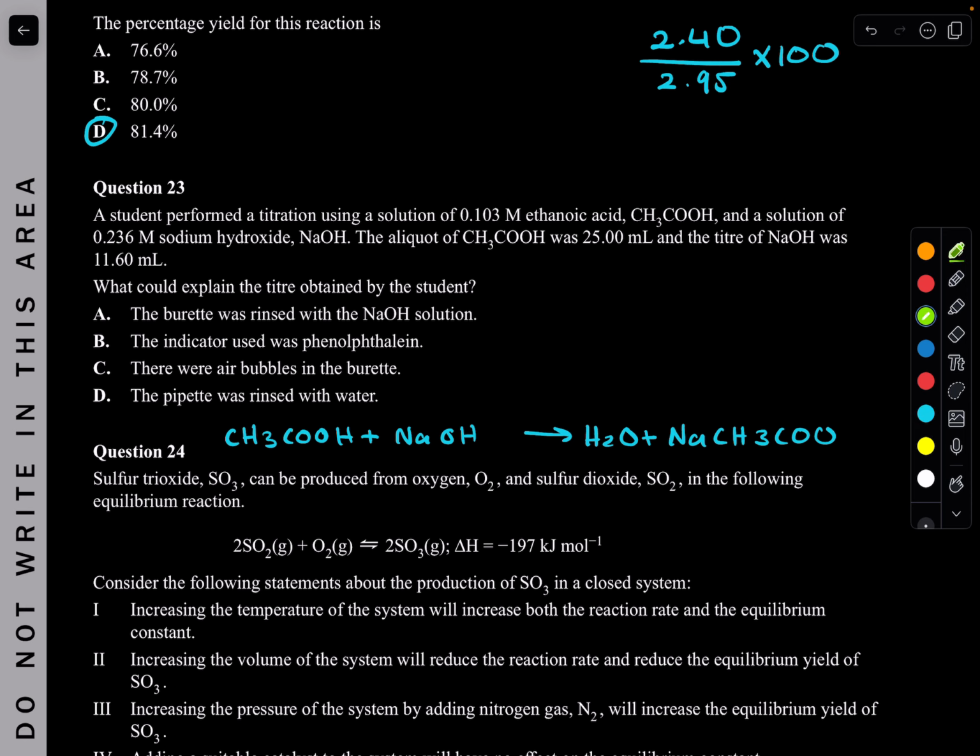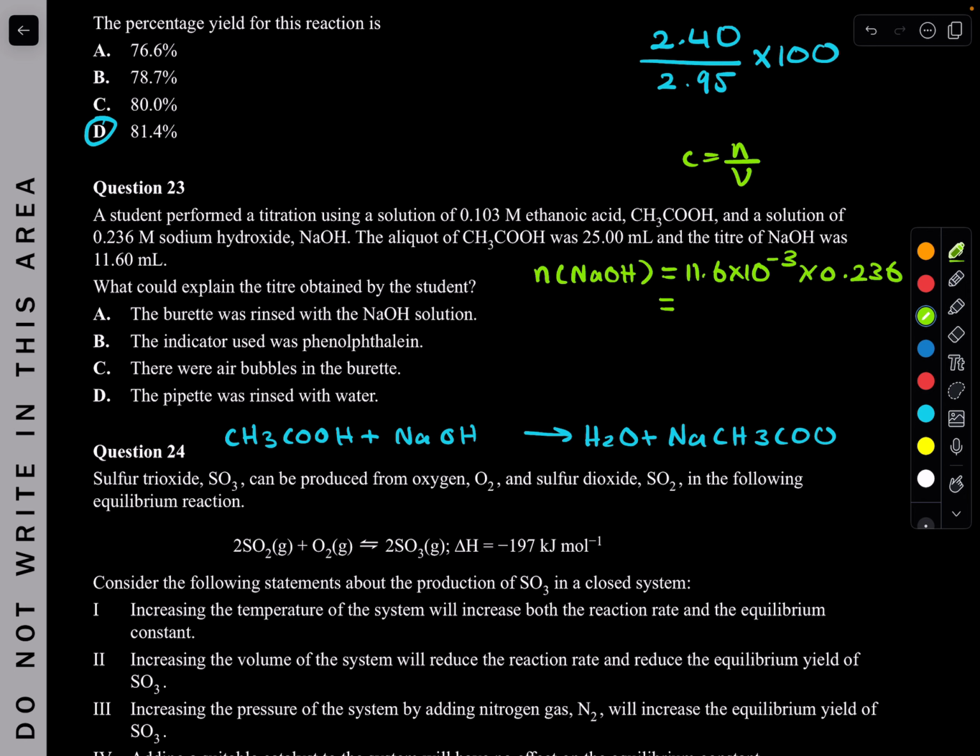So now we can do some calculations. Our sodium hydroxide is our standardized solution in this case, and we know its average titer is 11.6. So let's calculate the moles of NaOH. Remember, concentration is n over V, so moles is volume multiplied by concentration. The volume is 11.6 times 10 to the negative 3, making sure it's in liters, times the concentration of sodium hydroxide, which is 0.236.